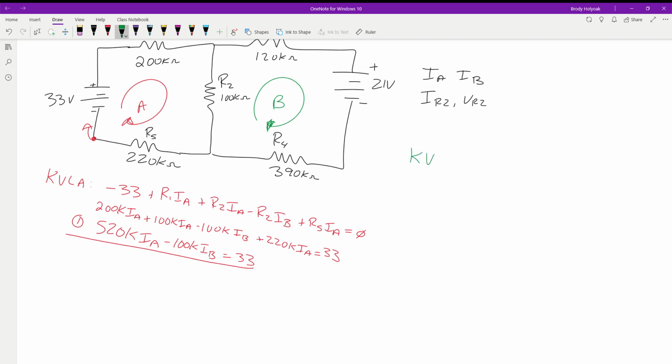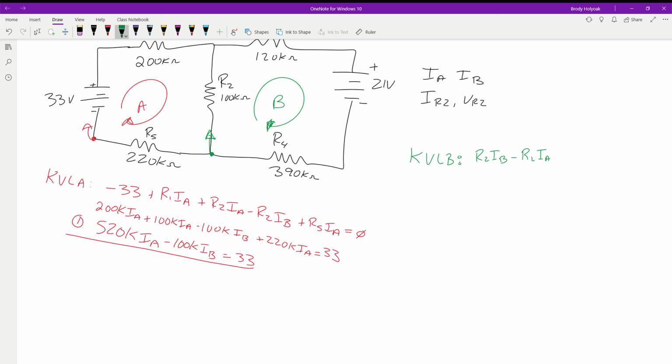Next equation, a Kirchhoff voltage loop for B. We'll start here and go this direction. First thing we run into is R2 times IB minus R2 times IA.